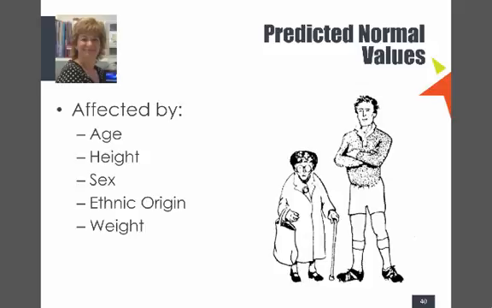That has worked out what is the average for someone of that age, height, sex, ethnic origin, and a little bit of weight. Height, age, and sex are probably the biggest ones. You really need to have an accurate height. Don't let the little old lady tell you how tall she is or give you her driver's license, because she was probably measured when she was 26 and she's now 86, and you'll see a massive difference.